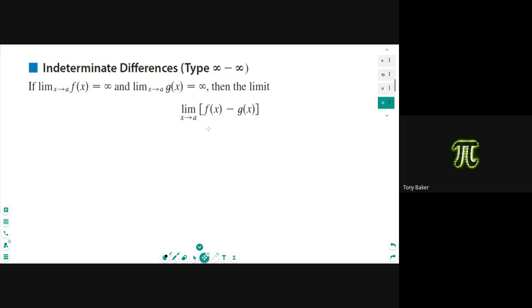So, same concept happens though. Even though I have subtraction, I somehow have to make it a fraction. Because if I don't have a fraction, I cannot do L'Hopital's rule. So, not every problem you're going to get in subtraction, you're going to be able to do this method with. You might have to do other methods to find it.